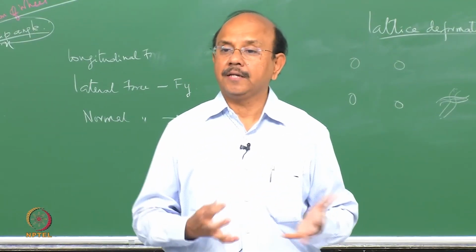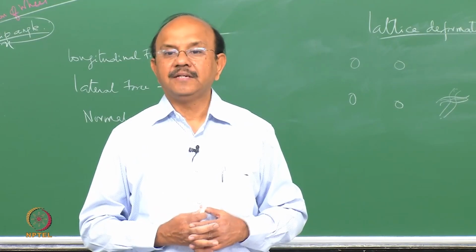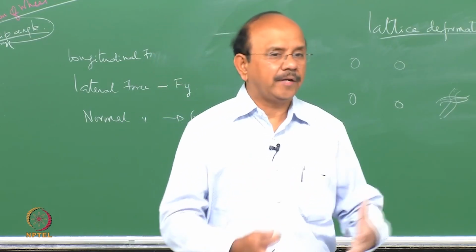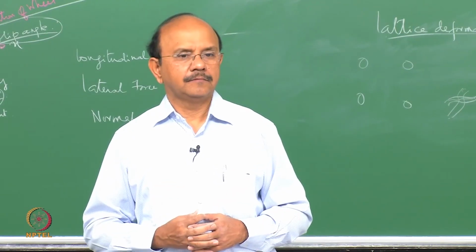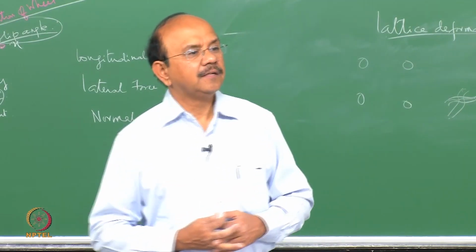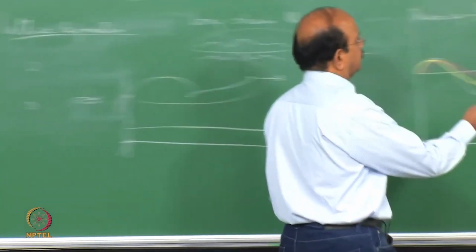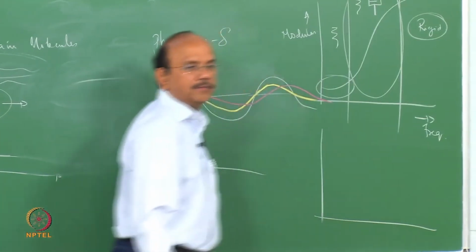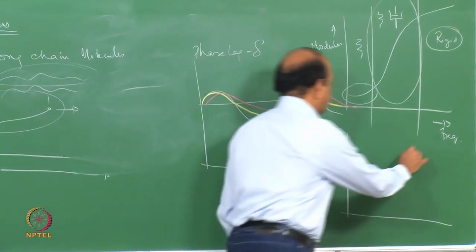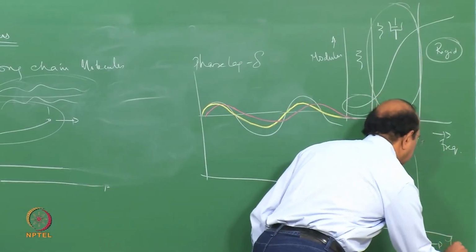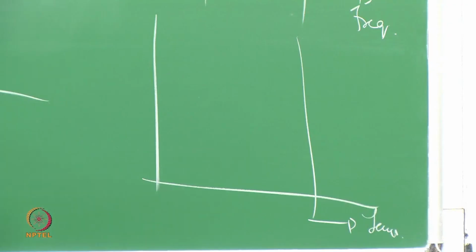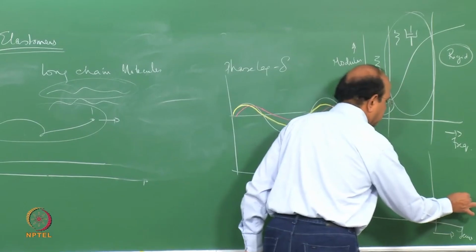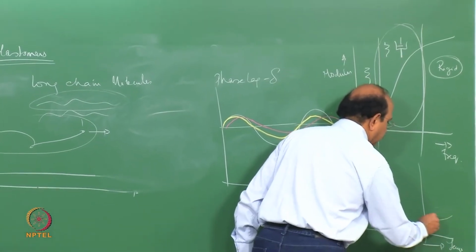When the temperature is high, it aids in the recovery of these molecules to their original shape, and hence it would behave as if you are at a low frequency. So if I now plot the temperature, at high temperatures, since it aids the molecules to recover, the modulus would be something like this.